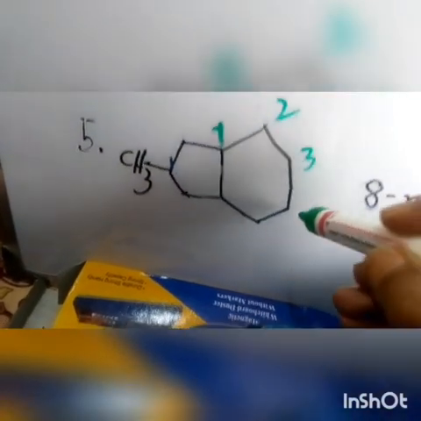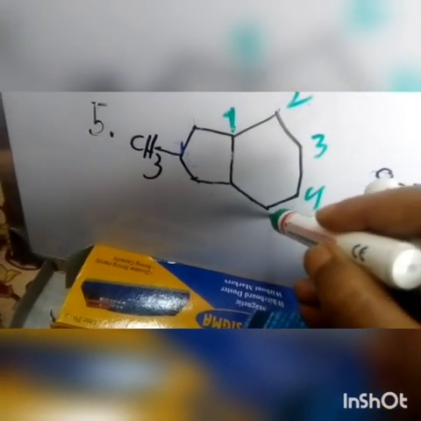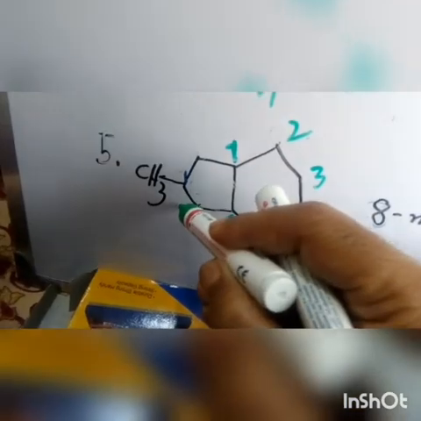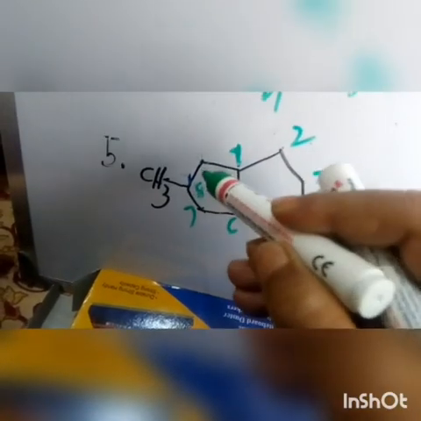And this is another bicyclo compound, and this ring contains more carbon atoms than this ring, and this is a bridgehead. So numbering should be 1, 2, 3, 4, 5, 6, 7, 8, 9.